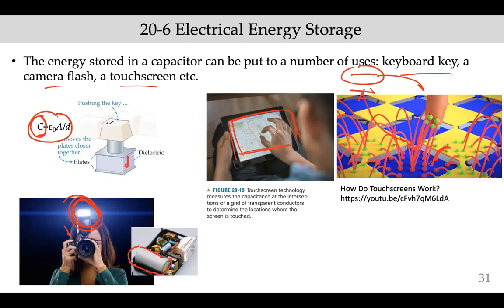So when you touch the touch screen, you change the capacitance locally. The circuit of a computer, tablet or smartphone can know at which point the capacitance has changed, so that you can use the touch screen.